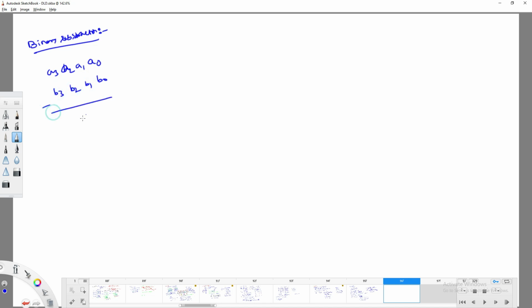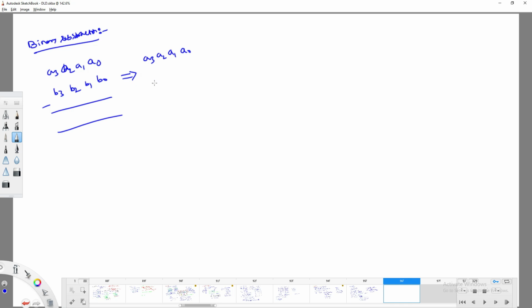If you are trying to perform subtraction, the actual number A stays as usual. Assume I am representing it in twos complement: I convert B0 B1 B2 B3 into twos complement.